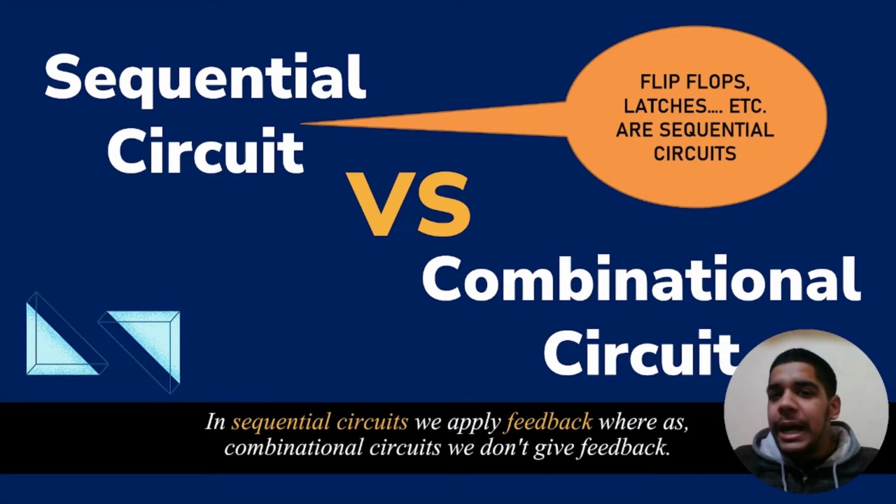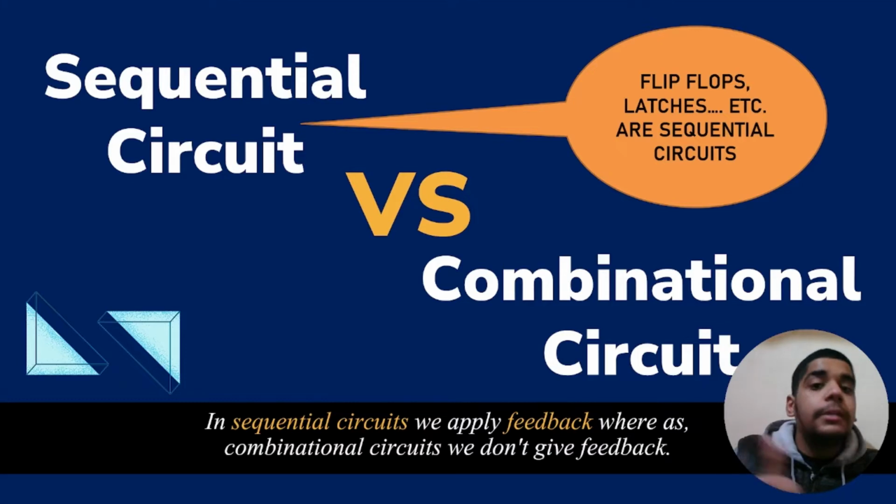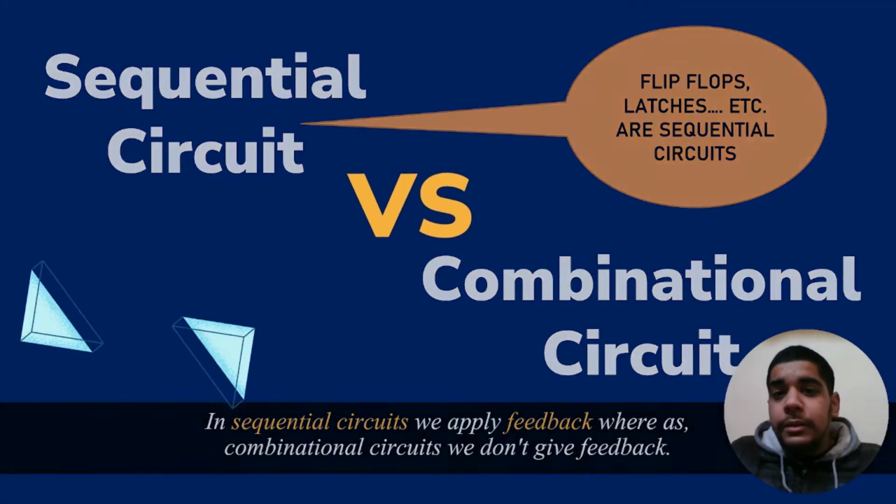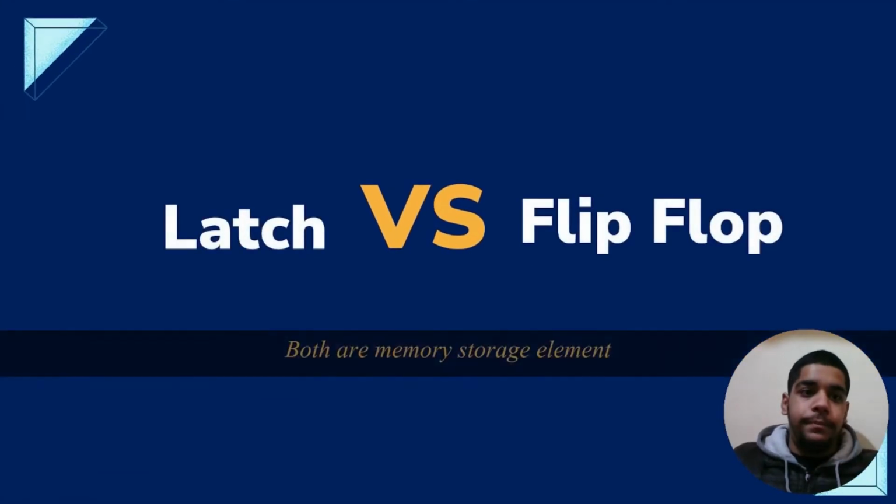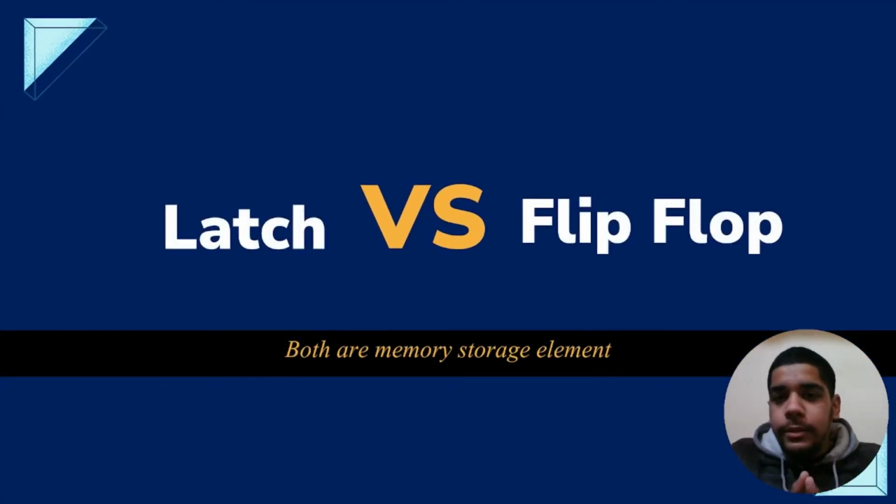We already discussed what a flip-flop is in a previous slide, but what is a latch and what is the difference between them? To overcome this confusion, just focus on one thing: a latch and a flip-flop are the same thing in that both can store memory.